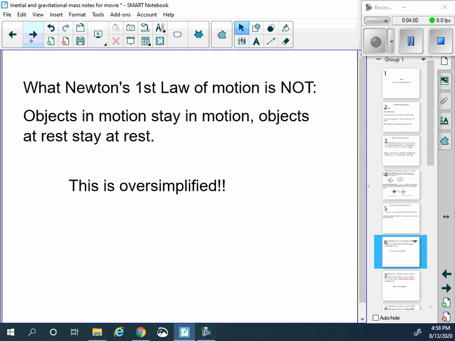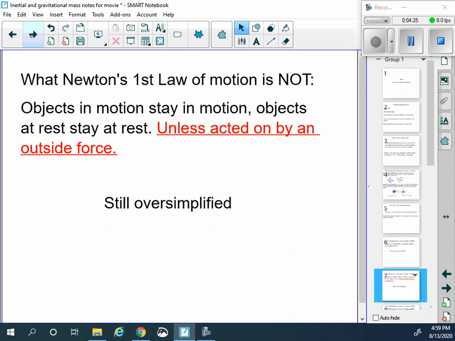It is so off base, because it has been oversimplified. Newton never said it this way. He said something that was more involved. This is now being taken out of context to the point where it has a totally different meaning, and it's totally incorrect.